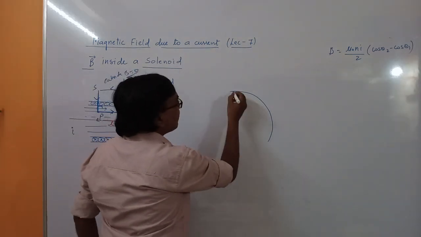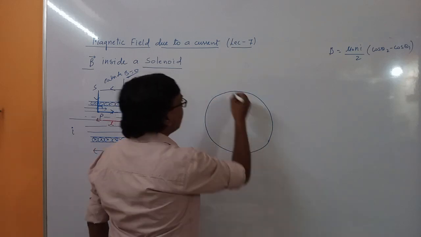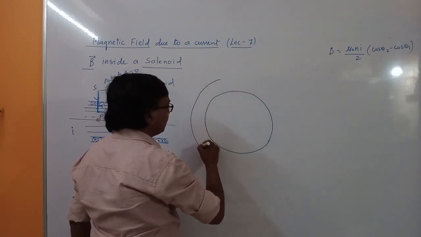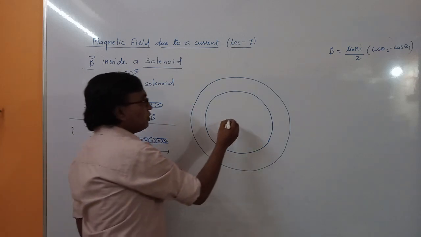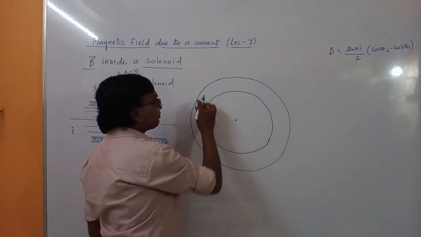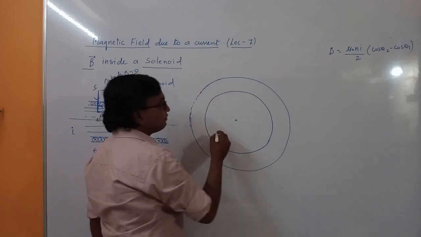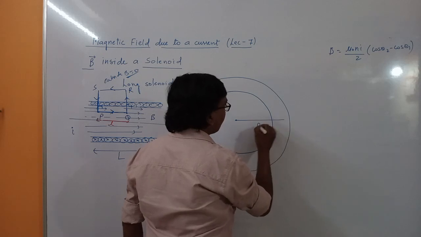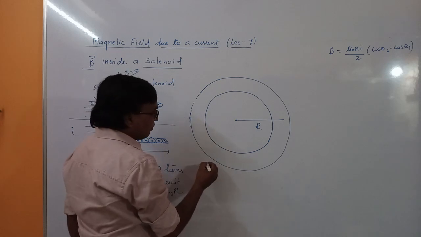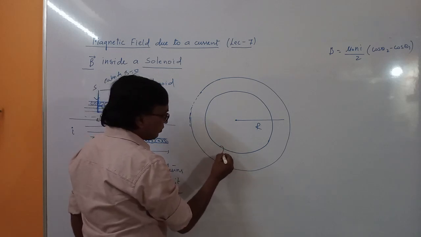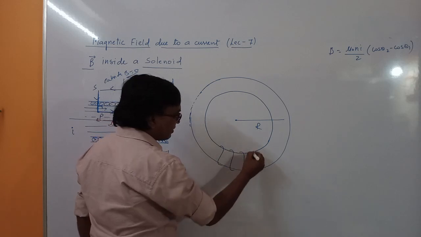Then it will become circular. From the center, let us say the radius is some capital R. So the wire is wound on this. So it is wound like this.